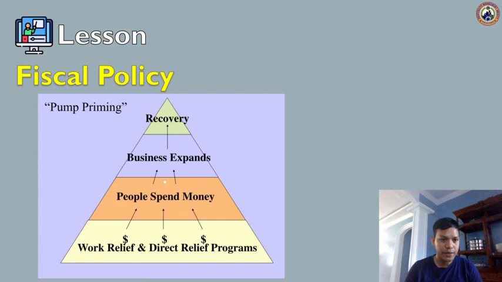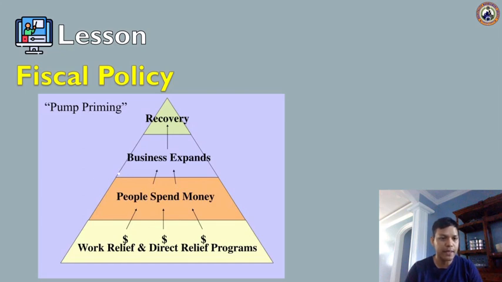Okay, for example, here in this illustration, we have in the lower part work relief and direct relief programs. And then people spend money because of the work relief and direct relief programs. And after the people spend money because it lowers the tax, the business will expand.